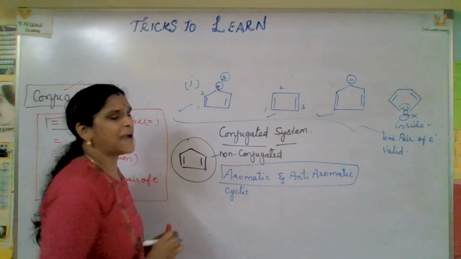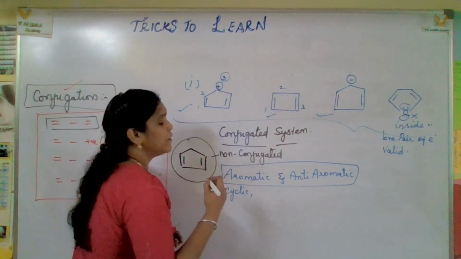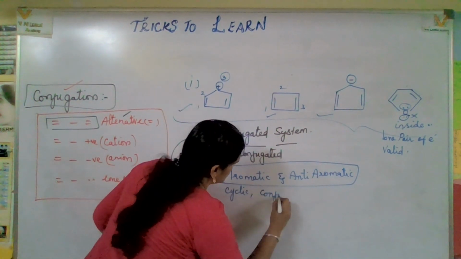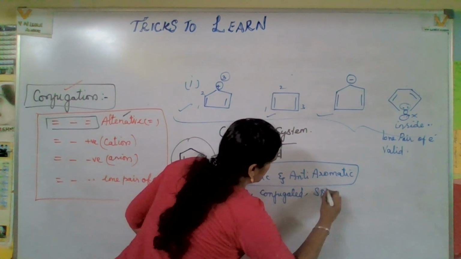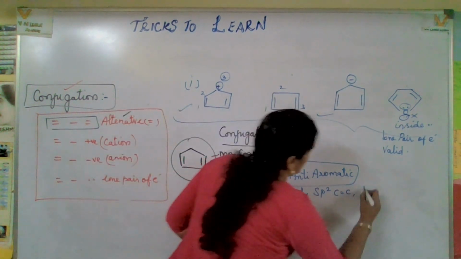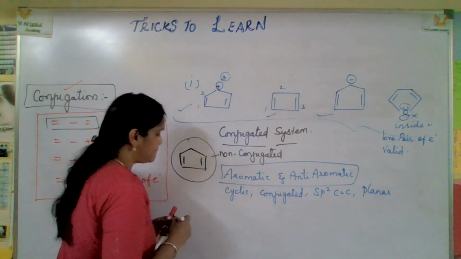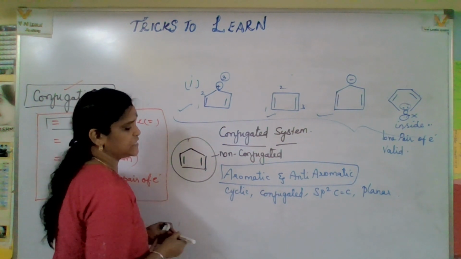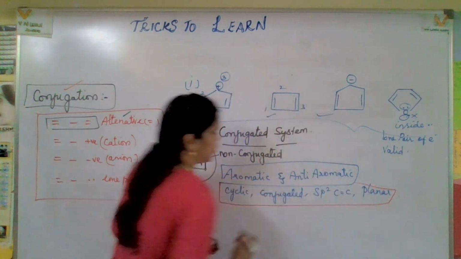It has to be mandatory. The second one is sp2 carbon, double bond carbon, and planar. These are all mandatory to accept whether these compounds are aromatic or anti-aromatic.